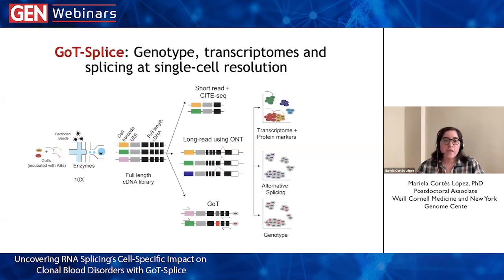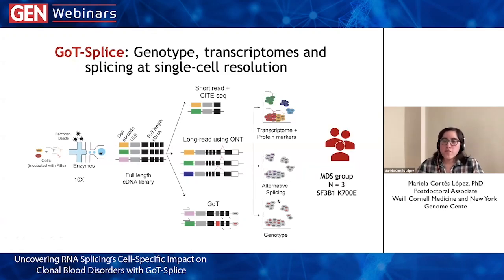So we amplify a particular locus of interest, in this case, SF3B1. And at the same time, we combine this with proteogenomics characterization, which allows us to distinguish specific cell types. For this, we use the CITE-seq technology previously developed in the Genome Center. And at the end of this library construction, what we get from a single cell is the alternative splicing, the transcriptome and the protein markers, but also the genotyping.